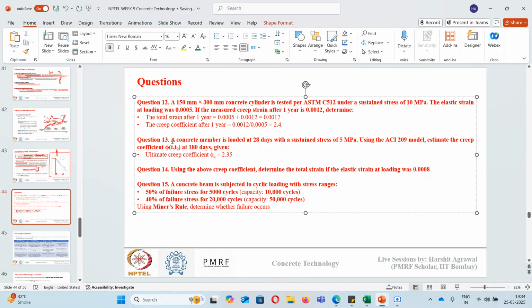Now, question number 13. A concrete member is loaded for 20 days with a sustained stress of 5 MPa. Using the ACI 209 model, estimate the creep coefficient at 180 days, given the ultimate creep coefficient. Just try to apply that formula of t minus t naught that we discussed earlier.